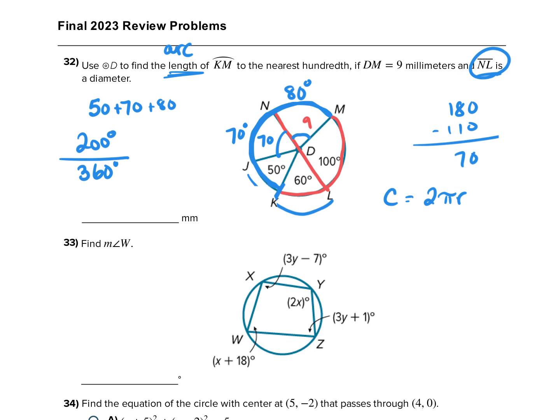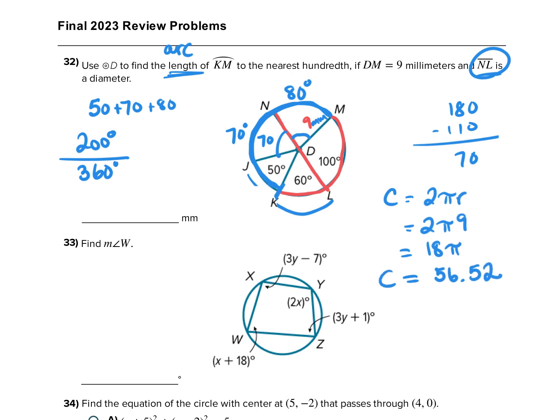And we're told that the radius DM is 9 millimeters. Okay, so this is 2 times pi times 9. So that's 18 pi. 2 times 9 is 18. And when I do 18 times pi, or 3.14, I get a total circumference of 56.52.